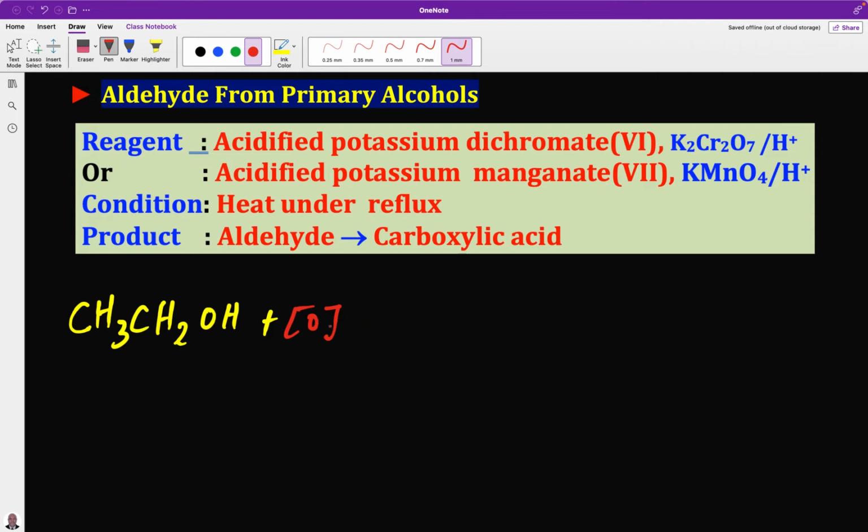The oxygen given here is from an oxidizing agent. We'll have this, plus a molecule of water that is always removed.